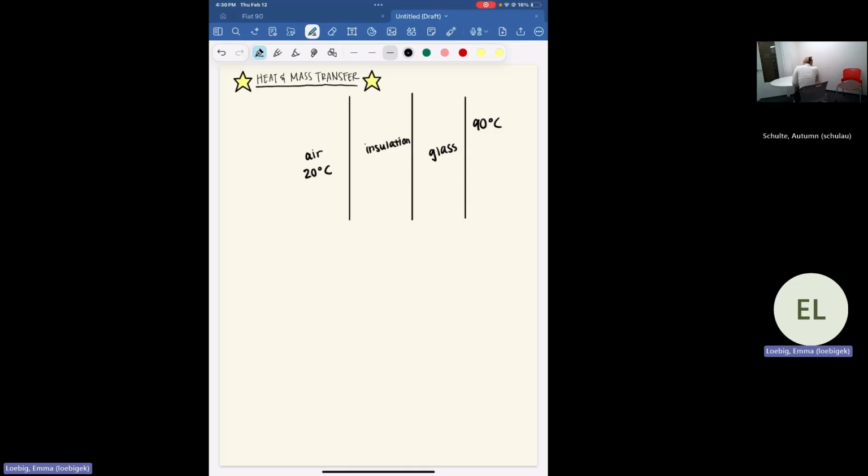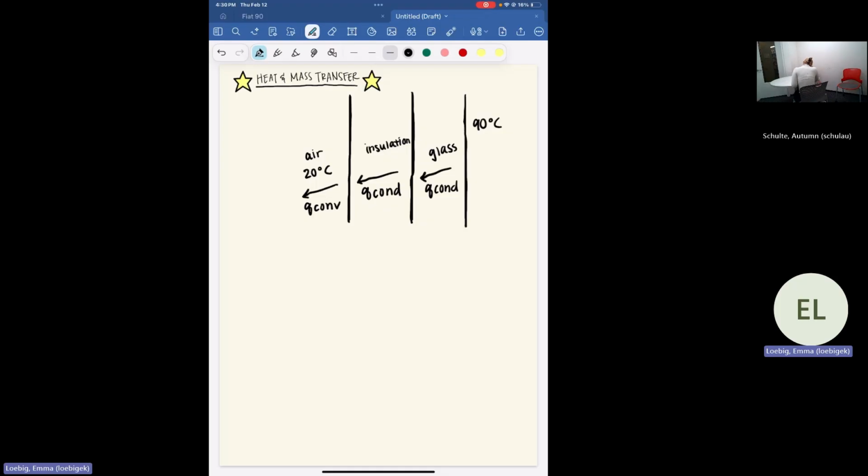Now, if we say that each of these planes are infinitely thin, just like the example before, we can say that the heat loss via conduction through the glass is equal to the heat loss via conduction through the insulation, which is equal to heat loss via convection to the air.